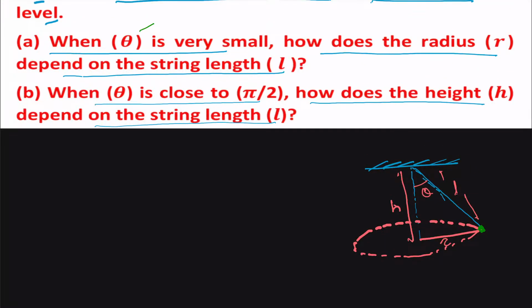When theta is very small, what is the relationship between the radius and the length L? And when theta is close to pi by 2, what is the relationship between the height H and length L?